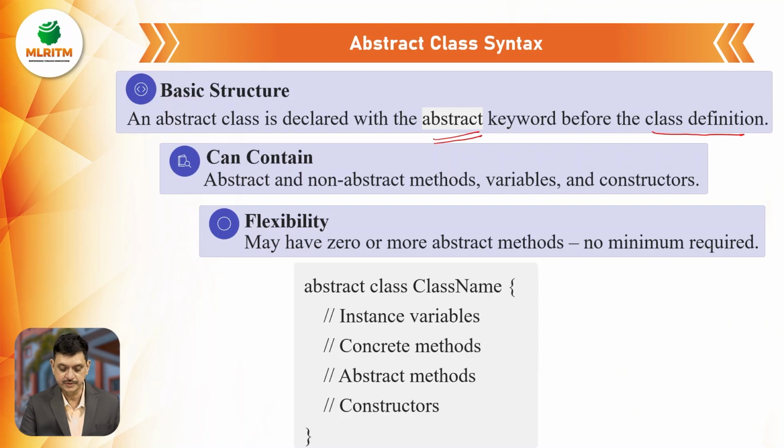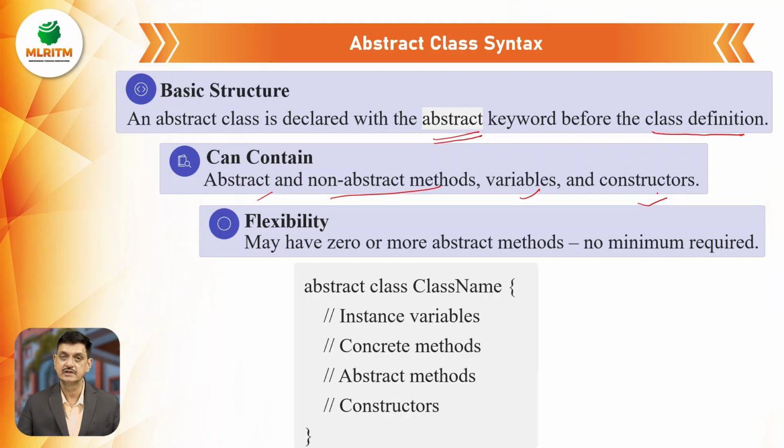So what can it contain? The abstract class can contain abstract methods or even non-abstract methods, variables or constructors.